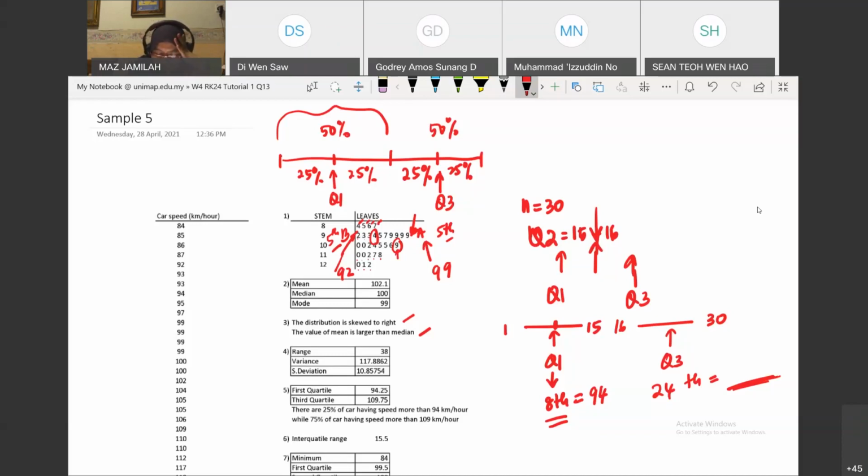Is it 109, class? 1, 2, 3, 4, 5, 6, 7, 8. Is it 109 or 110? Which one, class? 110.